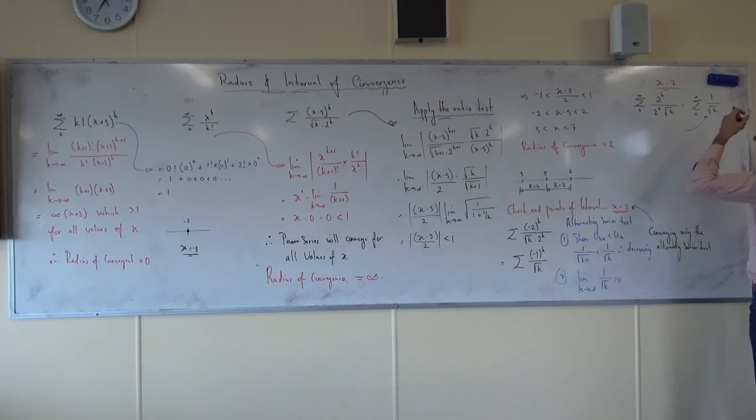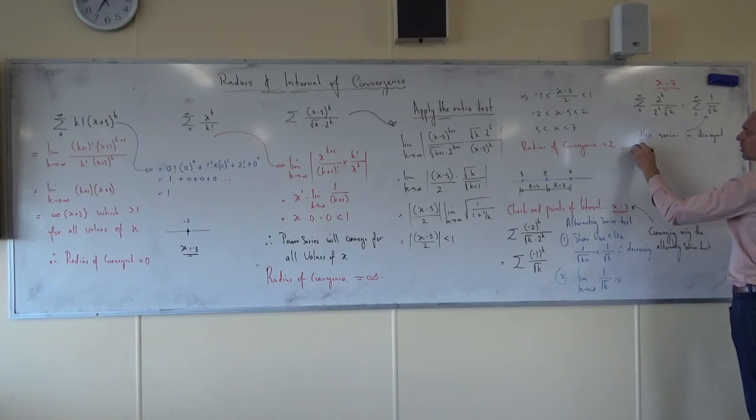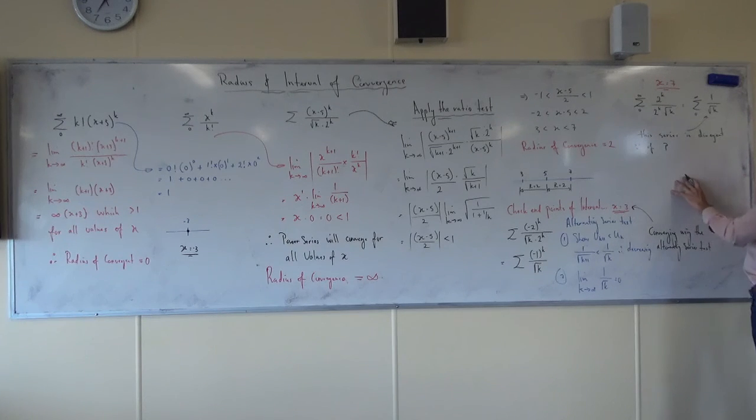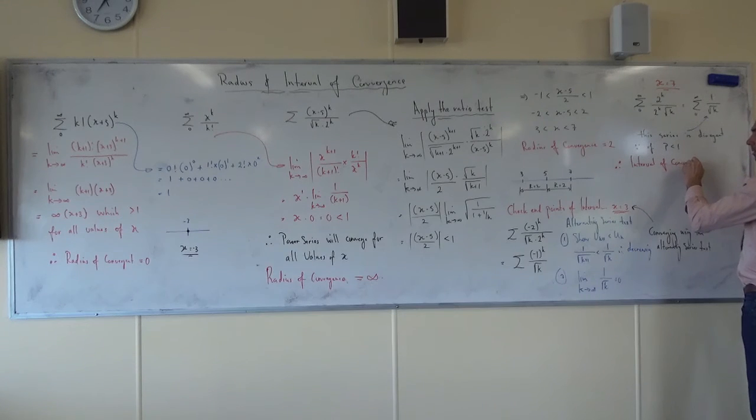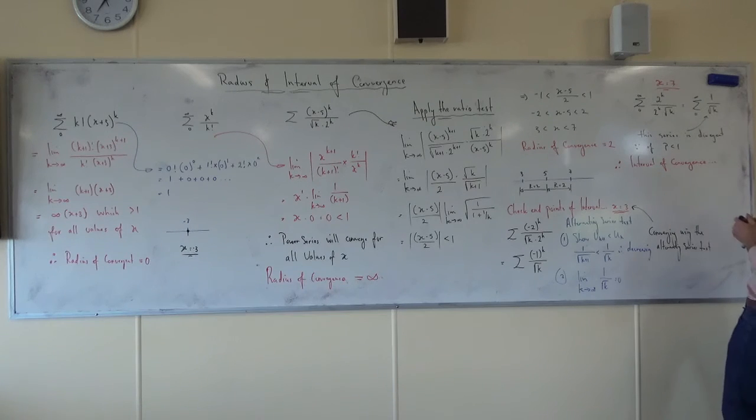This series is divergent because p is less than 1, and therefore my interval of convergence is going to be, what is it? 3 to 7, but we can't include 7.